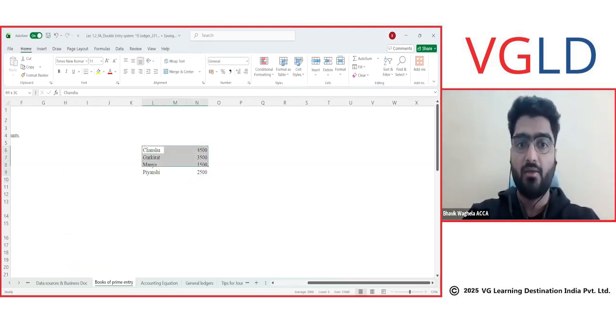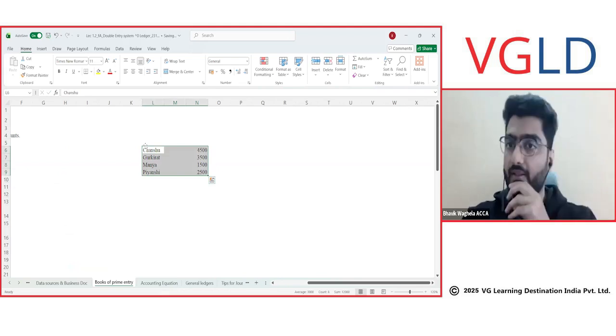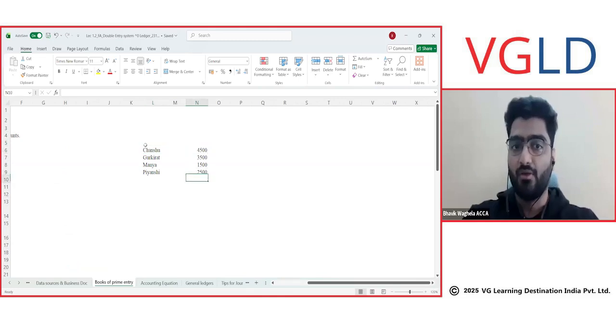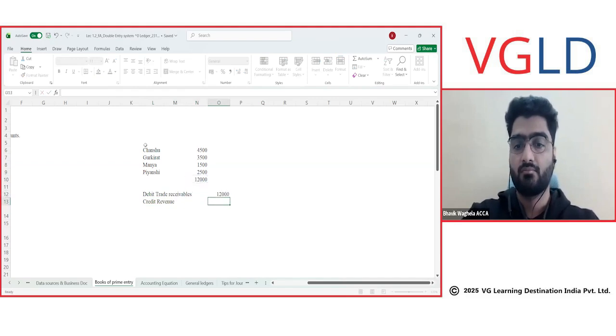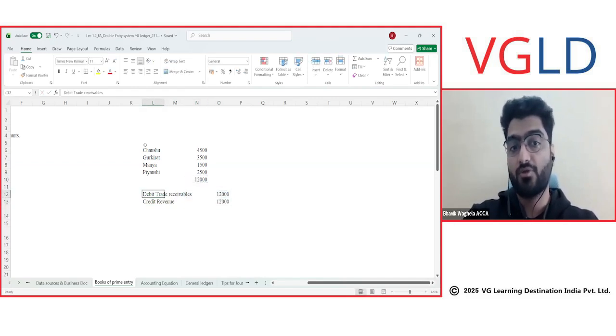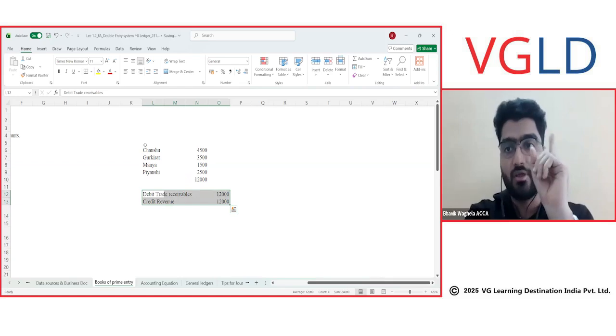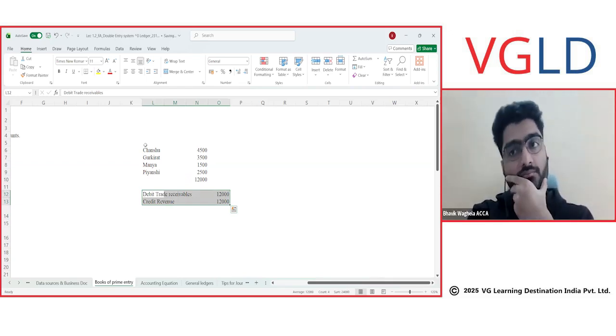If I go by line item, I will have to record 4 separate entries for the sales transactions. Instead, I will take the total and record one journal entry as debit trade receivables, credit revenue. Instead of recording 4 journal entries, I just record one journal entry with the total amount. Everyone? Yes, sir.